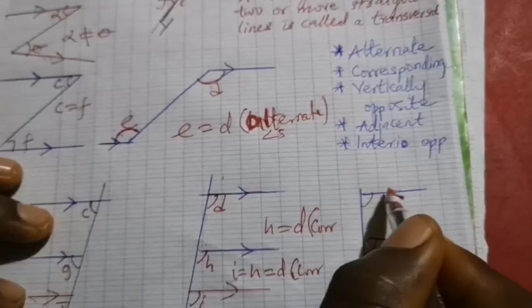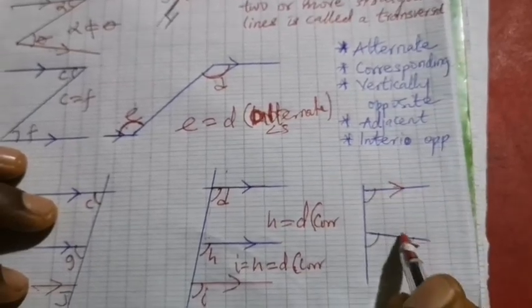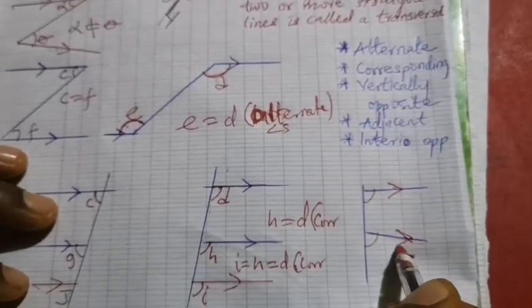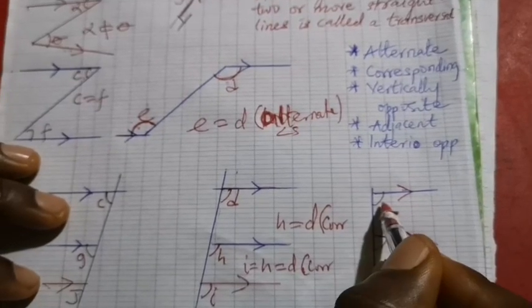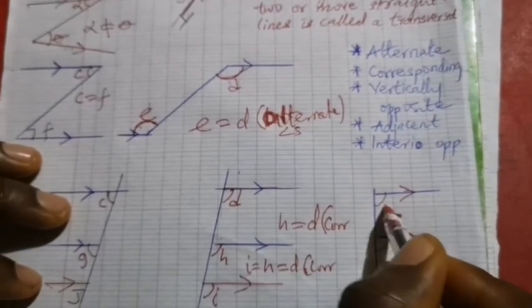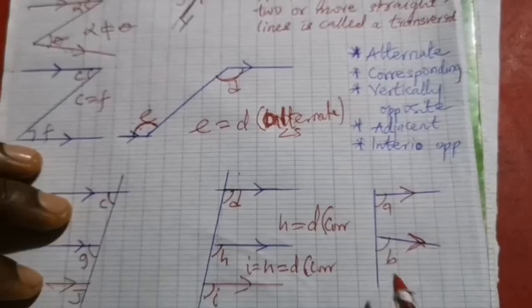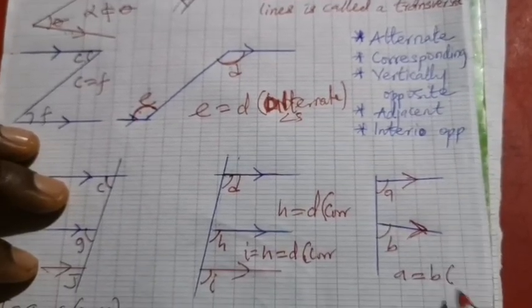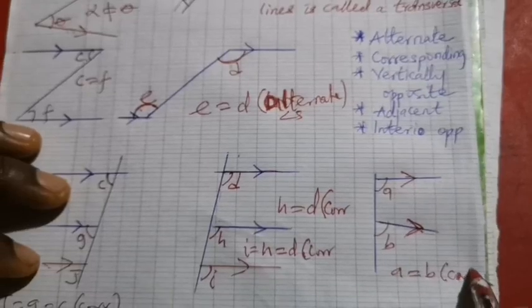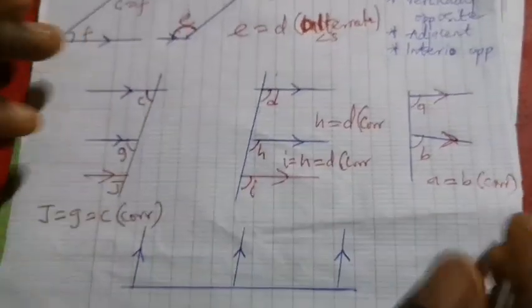It is only when they are parallel, if I put this arrow showing that they are parallel, then I can now say that this angle is equal to this angle. So now A is equal to B, corresponding angles. Okay, now look at another one.